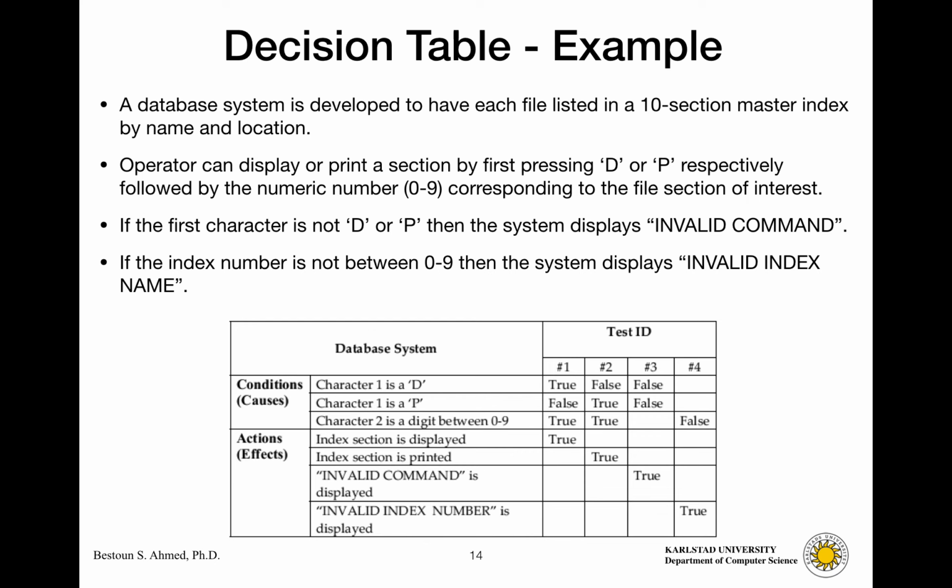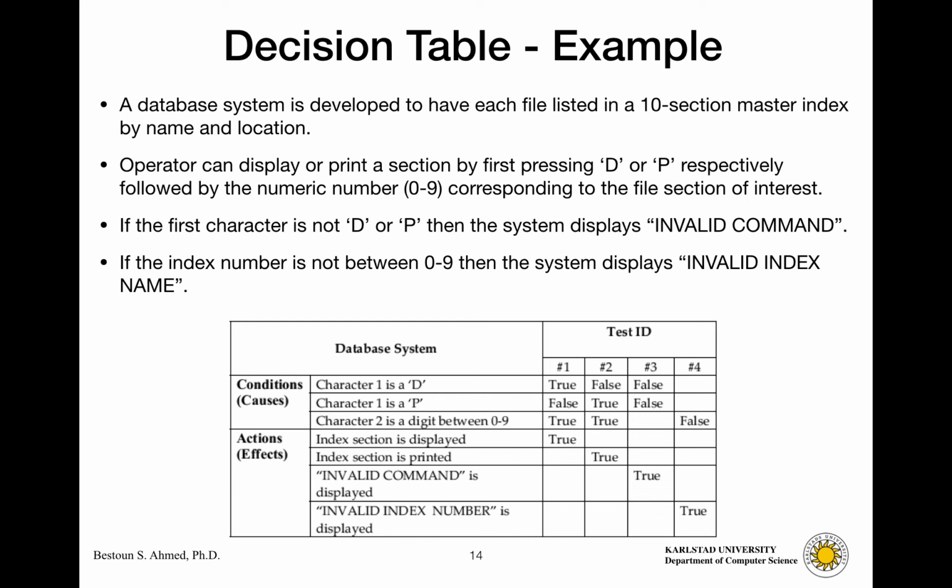If the first letter is not D or P, then the system displays invalid command. If the index number is not between 0 and 9, then the system has to say invalid index. And if everything is okay, the system will give a valid index.